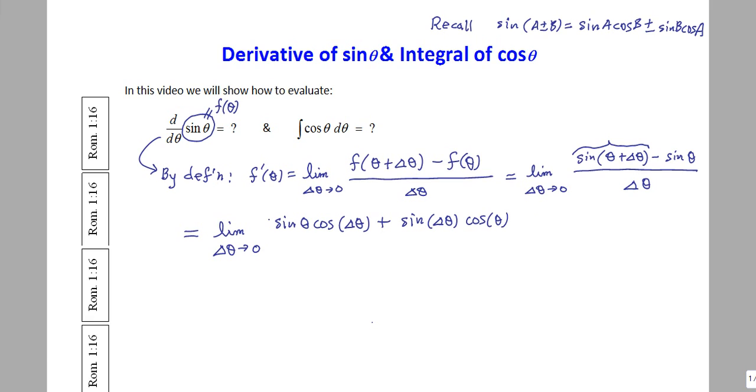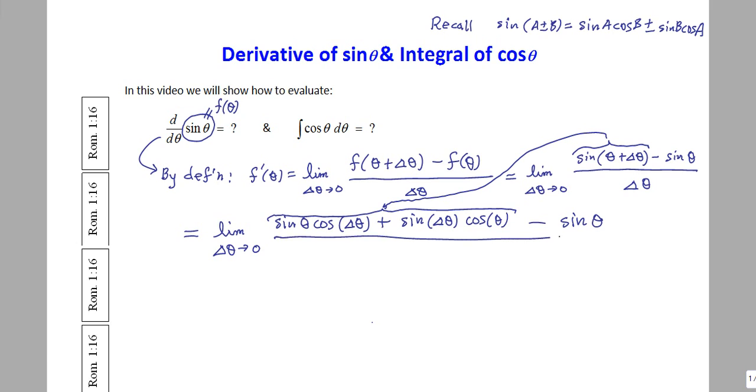Okay, that's all of that stuff. So let me see if I can point to it so you see it. That's that stuff. Minus sine of theta all over delta theta.